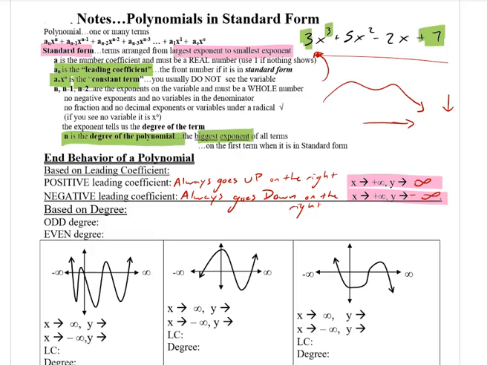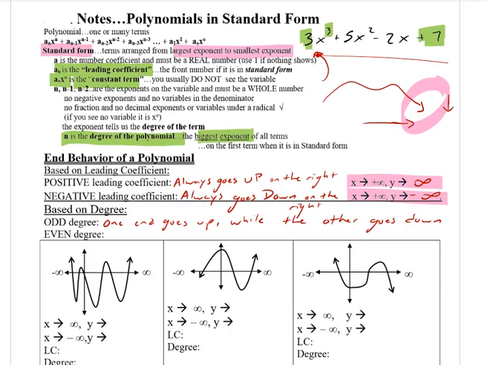So now the positive and negative leading coefficient only determines what happens on the right side of the graph. The other side will be determined on whether it's an odd degree or an even degree. If it's odd, one end goes up while the other goes down.